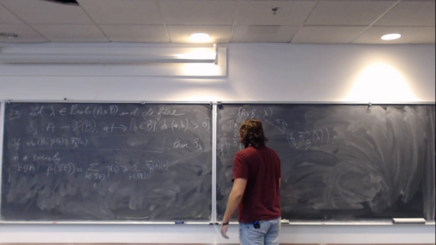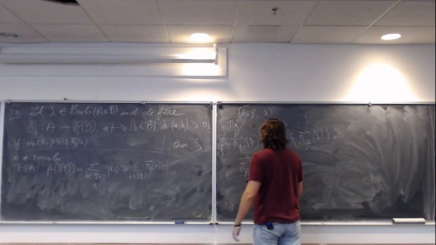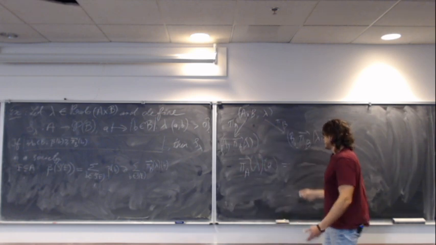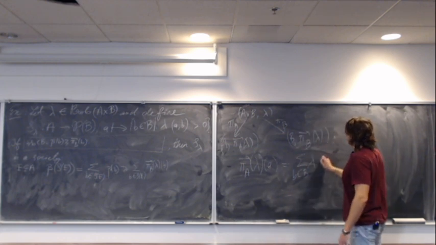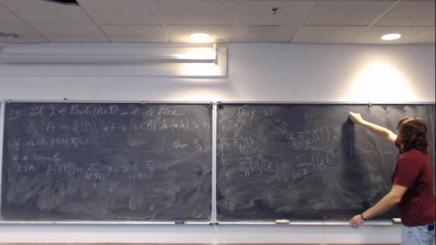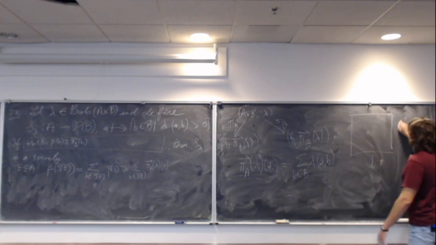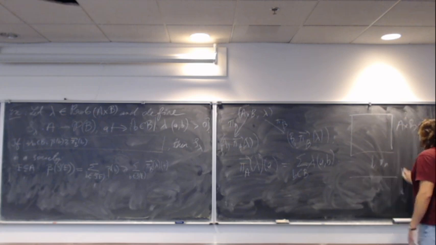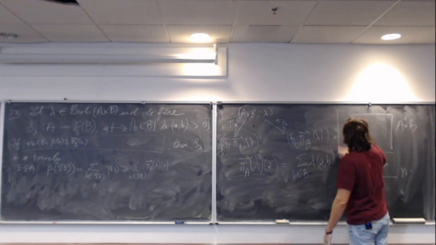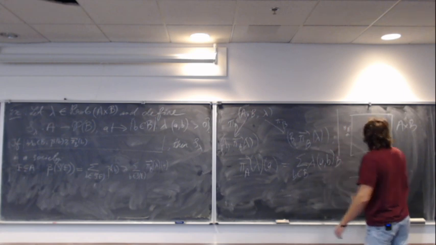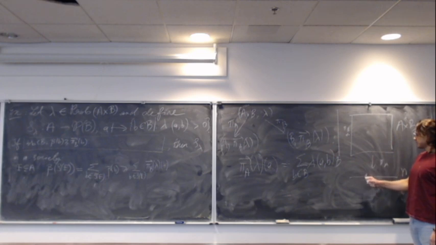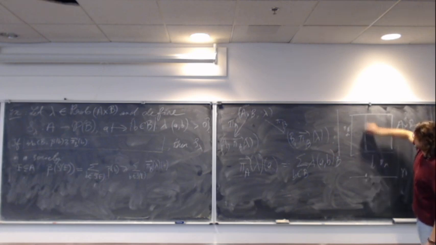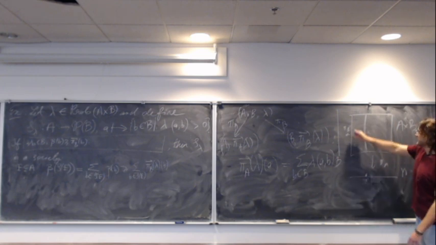And this measure, for instance, is just the marginal: you take the sum over all B's of lambda of AB. The picture is that this is A times B, this is A, and this is B. You have here a point A, and in order to figure out what the push forward measure gives to this, you just look at the fiber and add all the densities up. And likewise for this one.